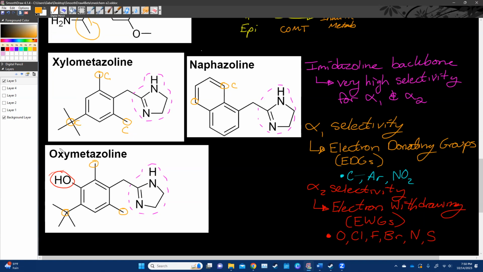What's happening in oxymetazoline is that we have some that are electron donating, but then we also have this oxygen, which would be an electron withdrawing group, which is going to decrease selectivity for alpha 1.